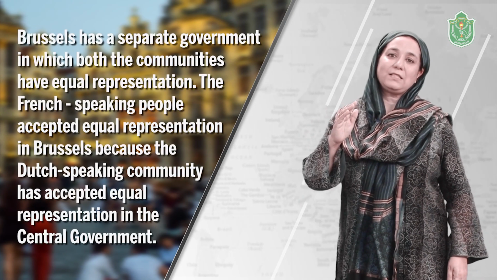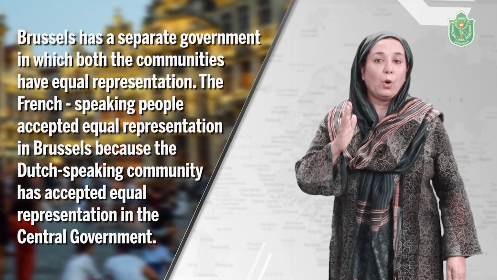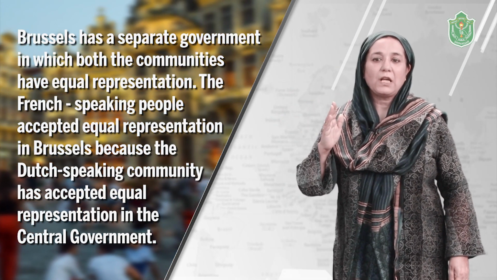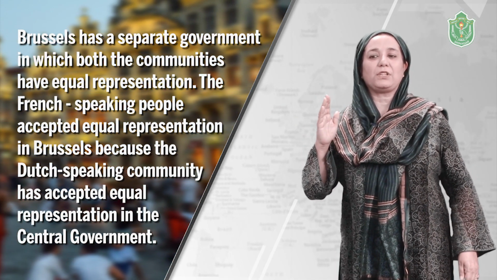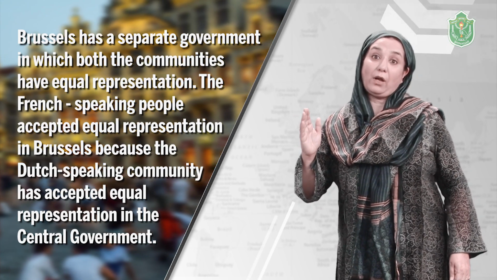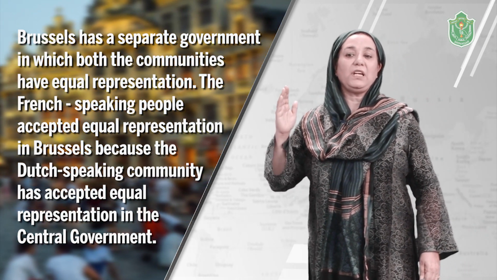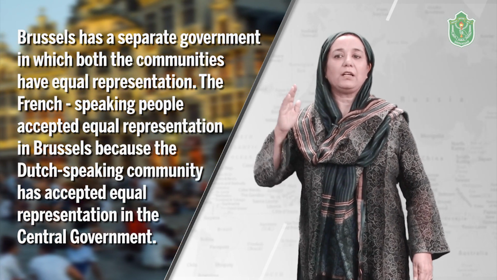Now, Brussels, children, has a separate government in which both communities have equal representation. The French-speaking people accepted equal representation in Brussels because the Dutch-speaking community has accepted equal representation in the central government.